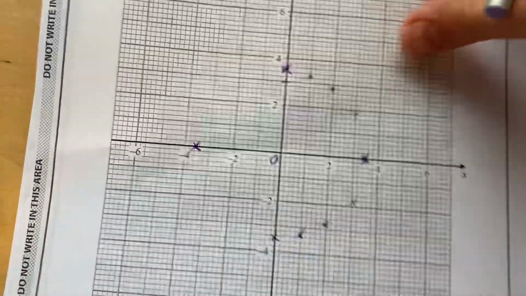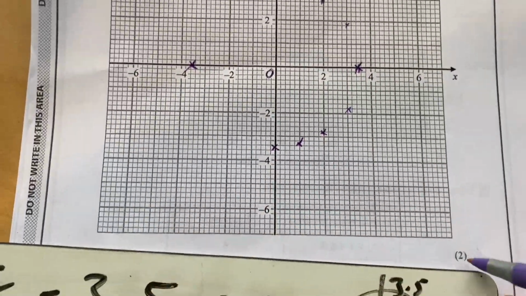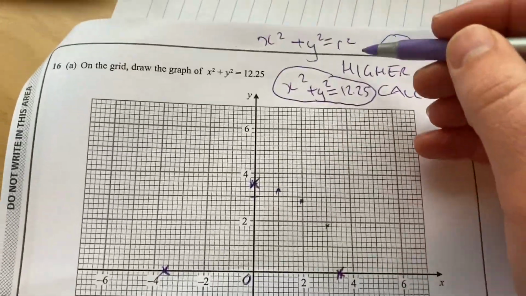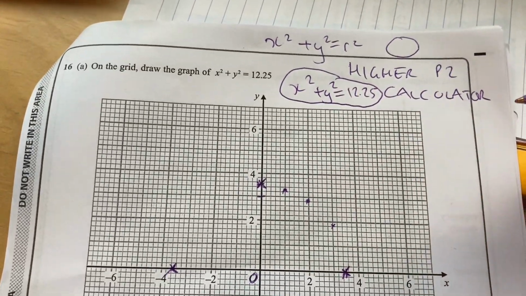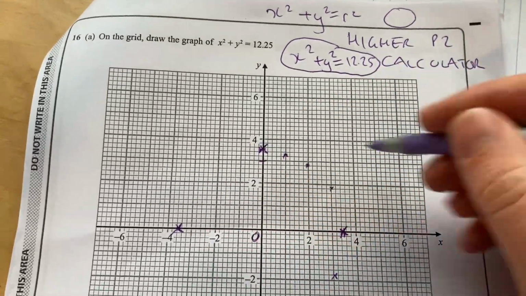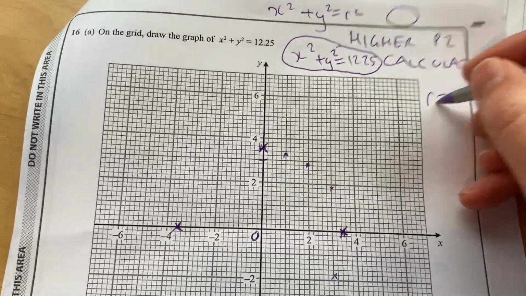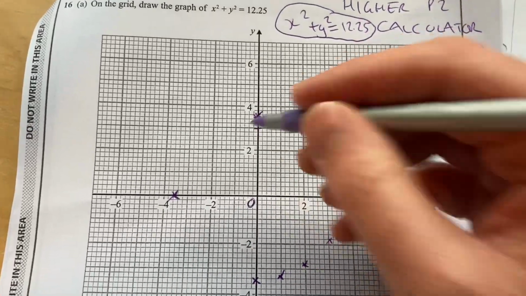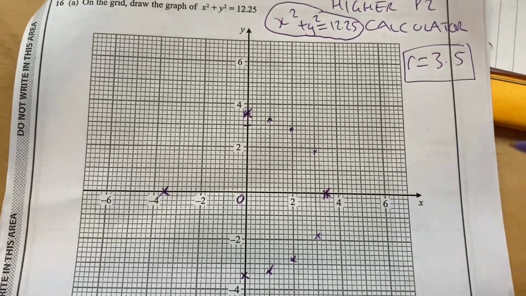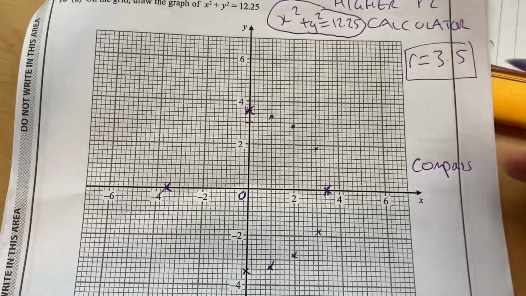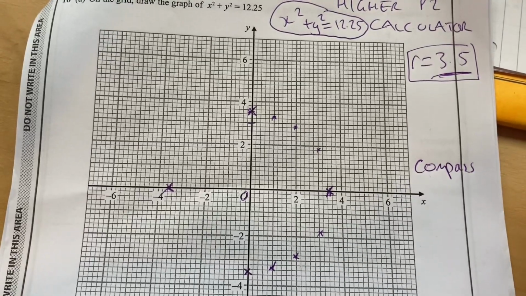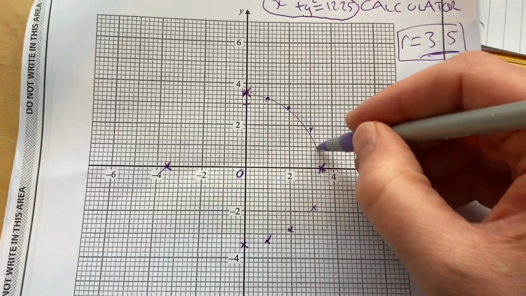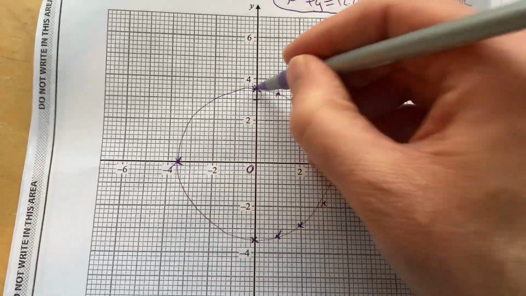I might be doing too much for this, but I want to make sure it is 2 marks only, so all they probably really want to see is that you know it's a circle, that you have the radius, and that you've plotted at least these 3.5. I might be doing a bit too much here by going through this whole table of values. You could also get your compass, set your compass to 3.5, and draw a smooth, smoother than my freehand here, circle around like that.